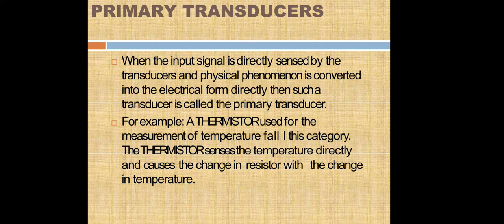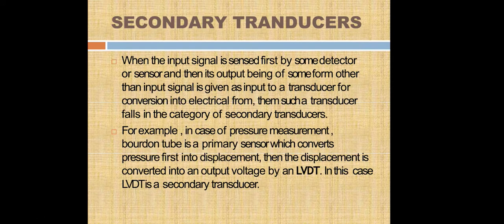For example, a thermistor used for the measurement of temperature falls in this category. The thermistor senses the temperature directly and causes a change in resistance with the change in temperature. Secondary transducers.